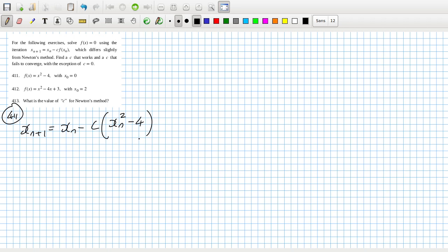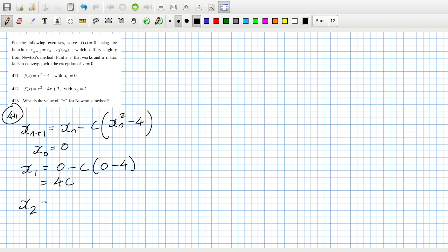Okay, so if we start off with x0 equals 0, then x1 would equal 0 minus c times 0 minus 4, which equals 4c.